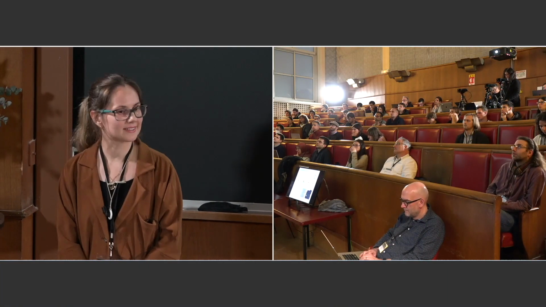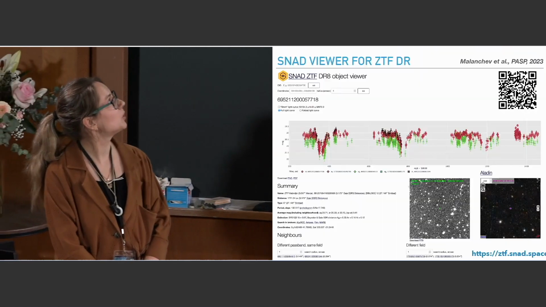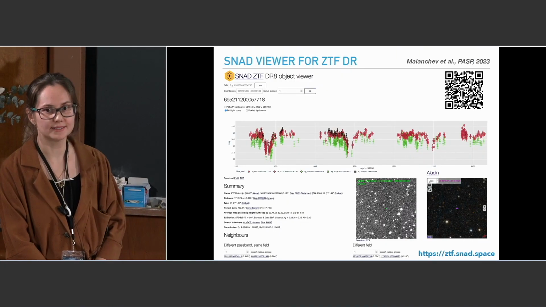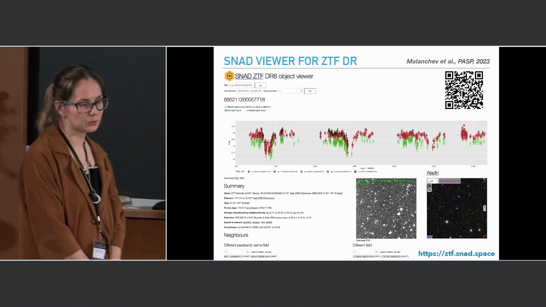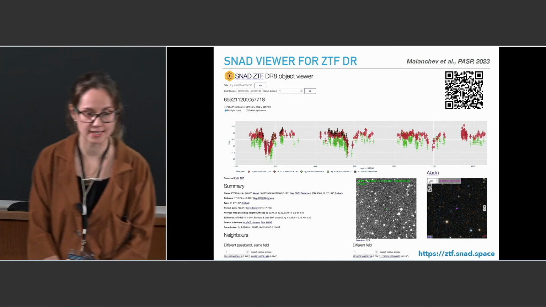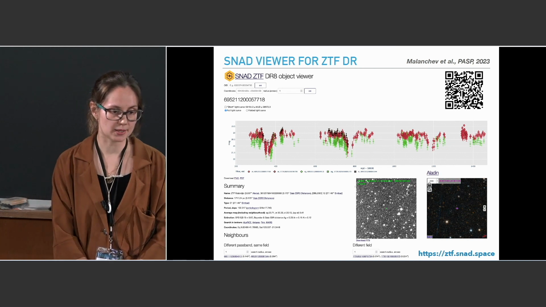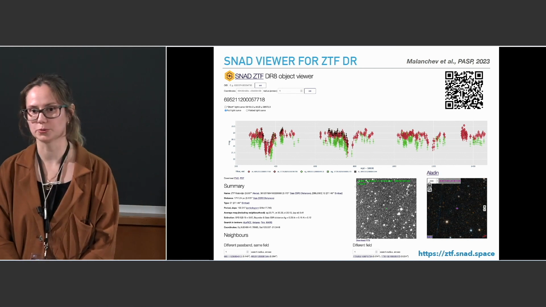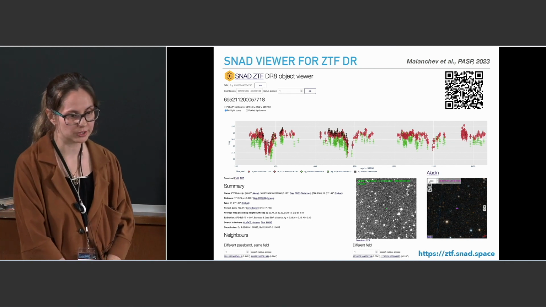As my last slide, let me promote a little bit the SNAD ZTF viewer. This is a tool specifically developed to analyze ZTF data. It was developed to help our experts study the outliers from the machine.